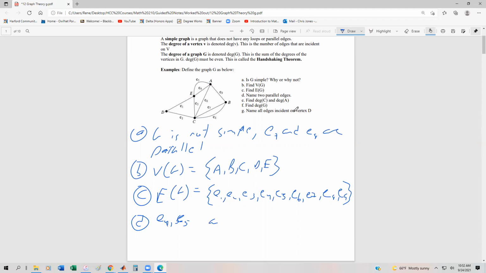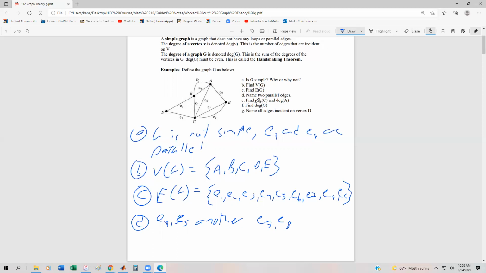Another would be E7, E8. All right. So not that difficult, right? Just basic definitions of what our edge sets are with respect to parallel edges.